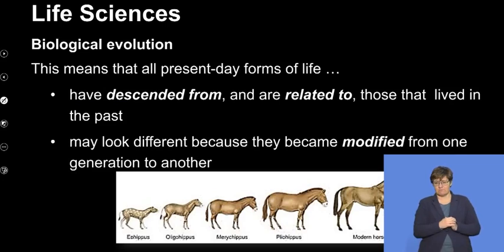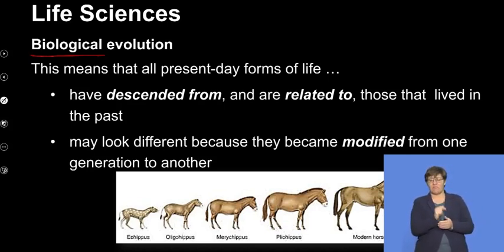Okay, we're going to have a look at what we now call biological evidence. And as I said earlier, bio means living. So we're looking at the evolution of living organisms. And if we have a look at the diagram here, this again is a good example. We see evidence of how the modern day horse that we know has evolved.